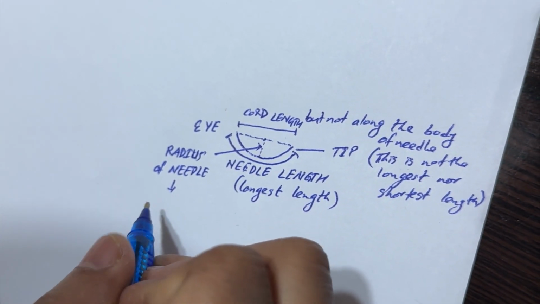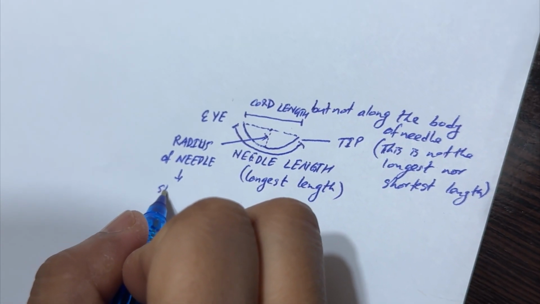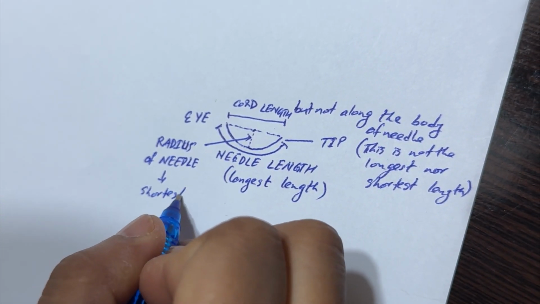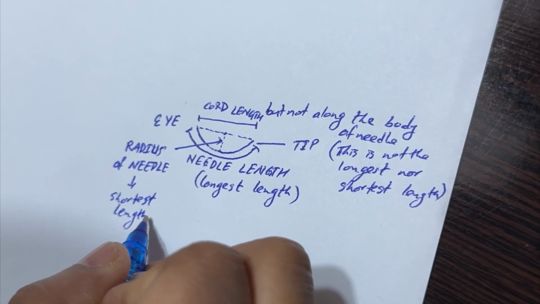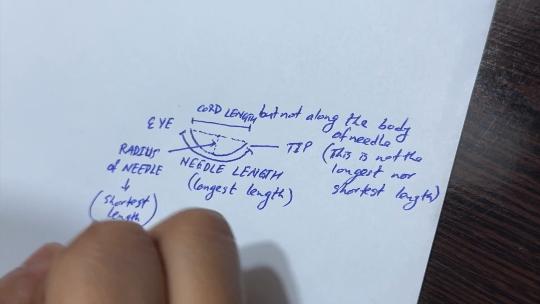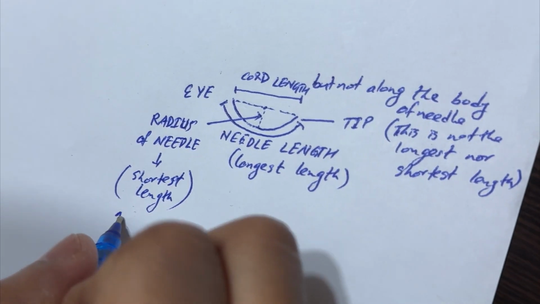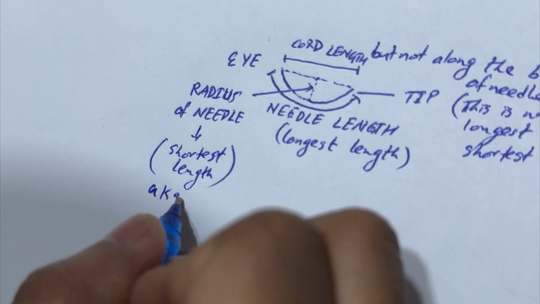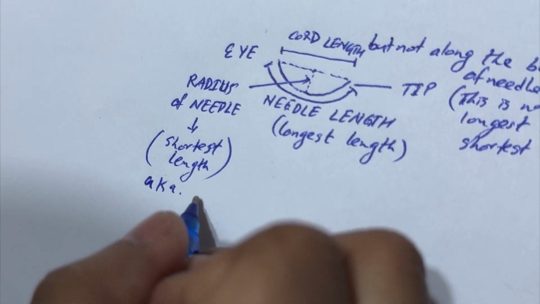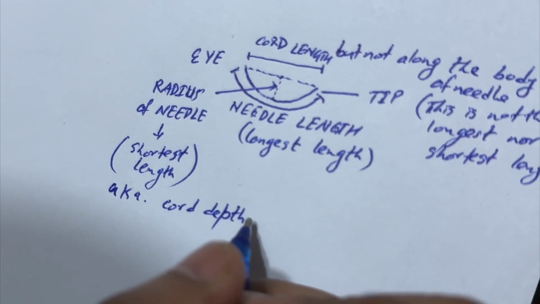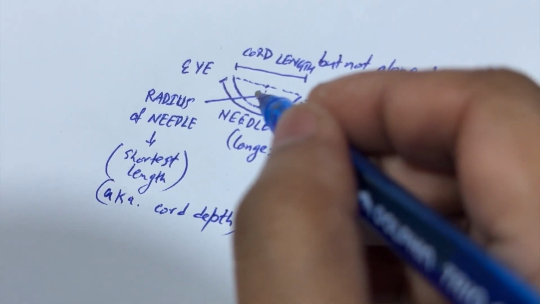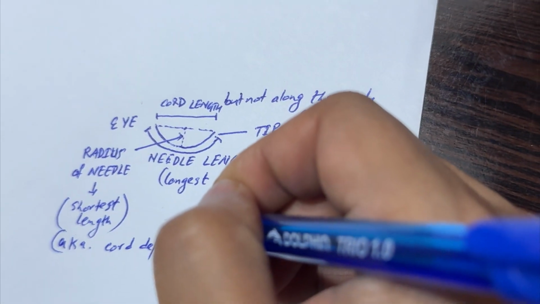This is the shortest length, okay? This is also called the chord depth. So this radius of the needle is also called the chord depth.